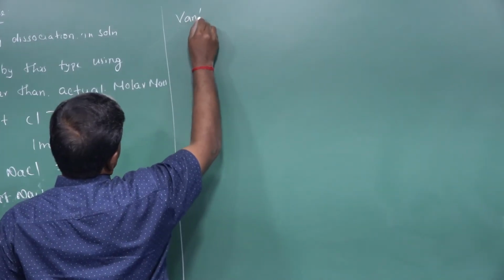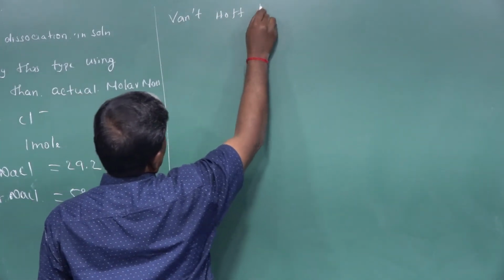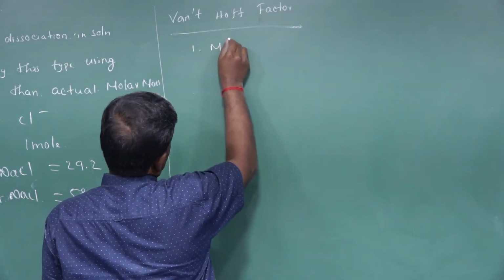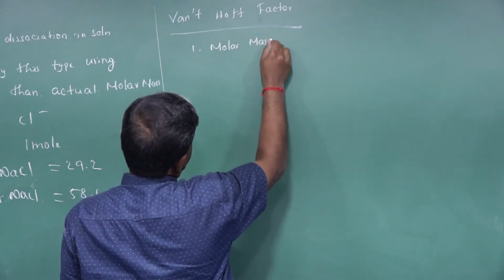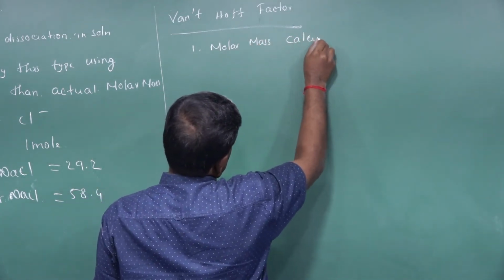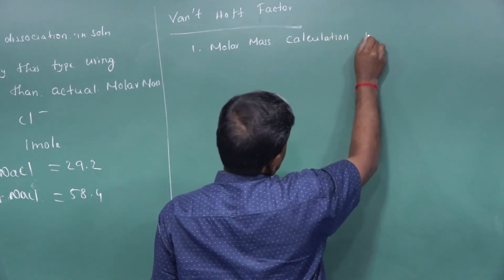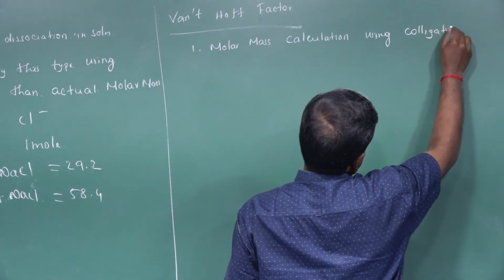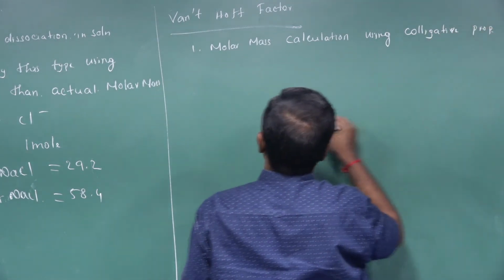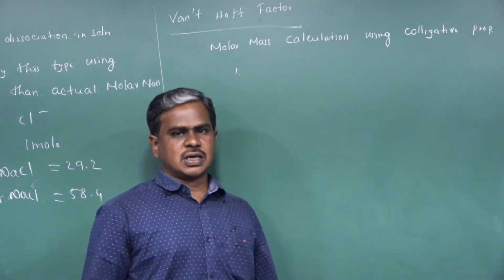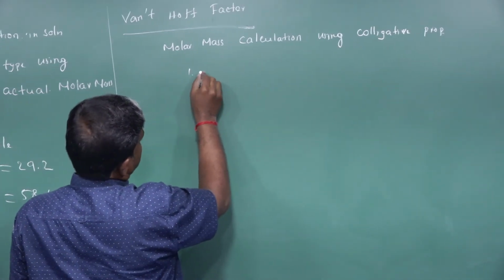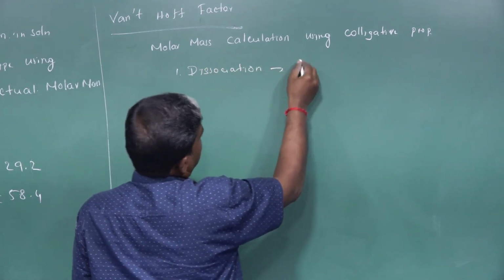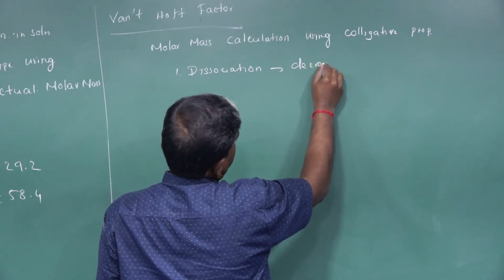So in the molar mass calculation using colligative property, for dissociation there is a decrease in molar mass.